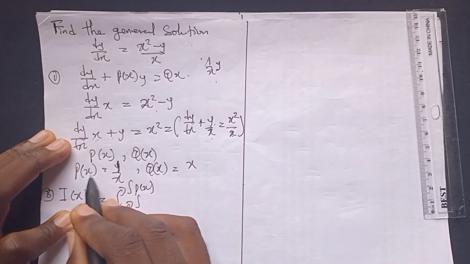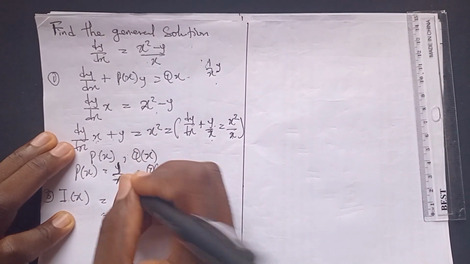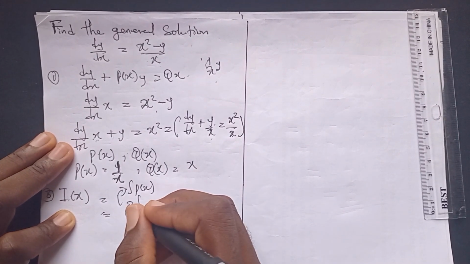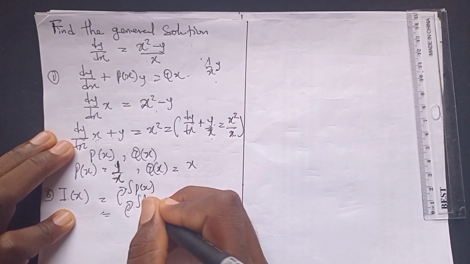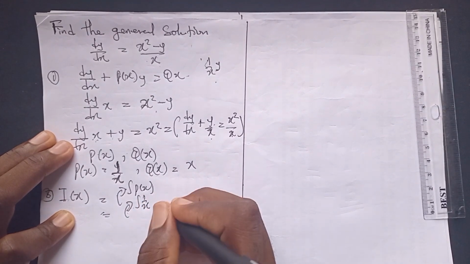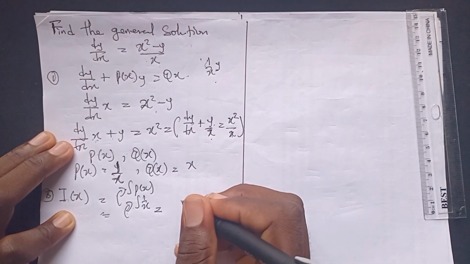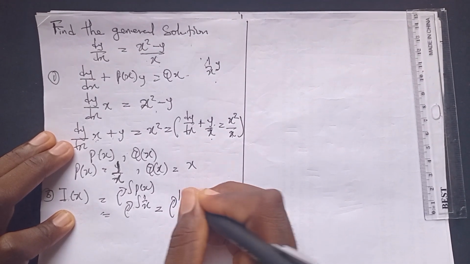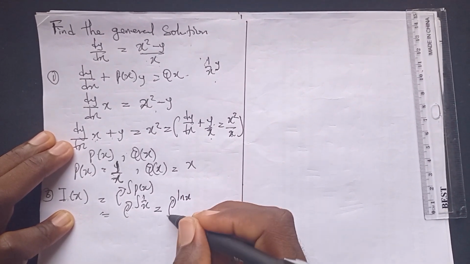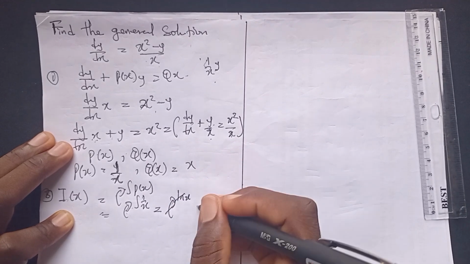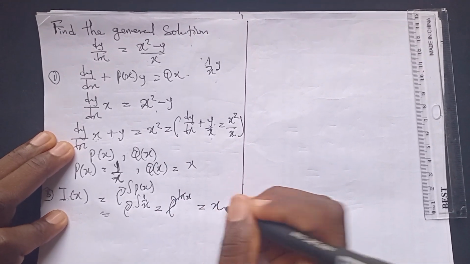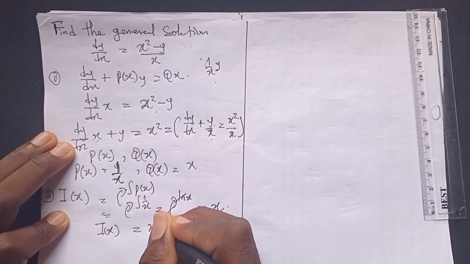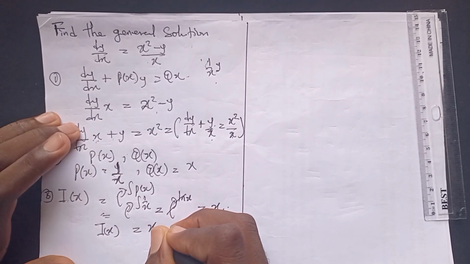So this p of x is 1 over x. So now we are taking the exponential of the integral of 1 over x. The integral of 1 over x is ln x, and the exponential cancels ln. So our answer is x. I of x equals x.